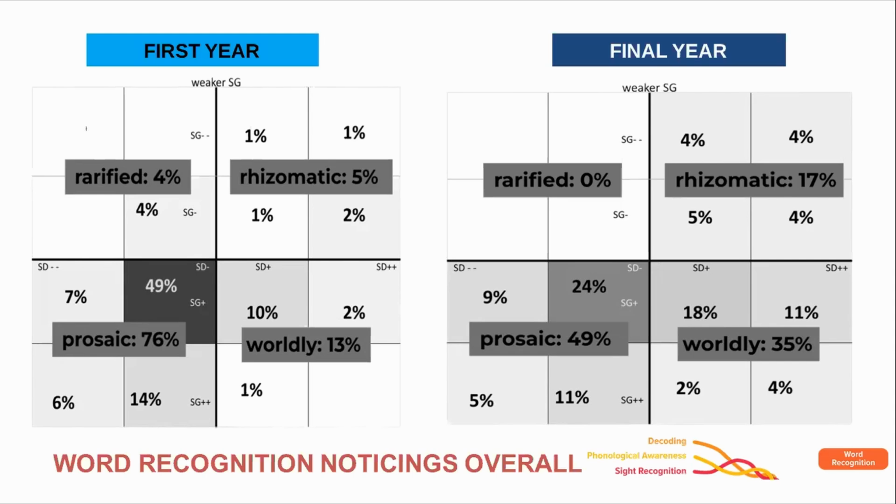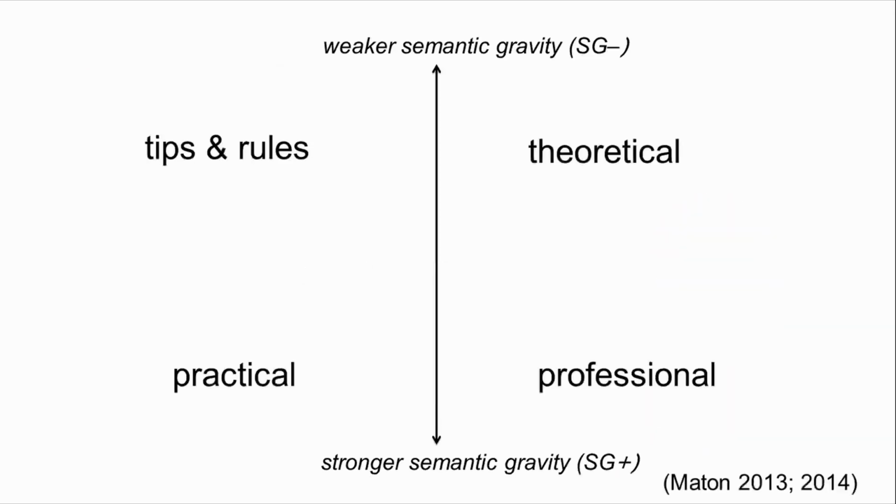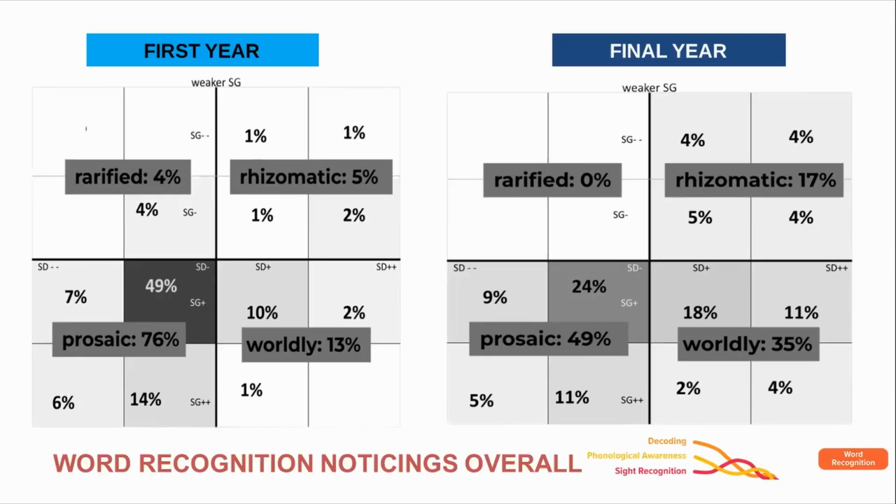Can you just comment on the lack of codes in the rarefied quadrant, even when moving from first year to final year? Was this a surprise, and why would you not see it as you progress through the years? I think it may have to do with the fact that I'm dealing with a lesson observation, which in itself is a very contextual thing to analyze.